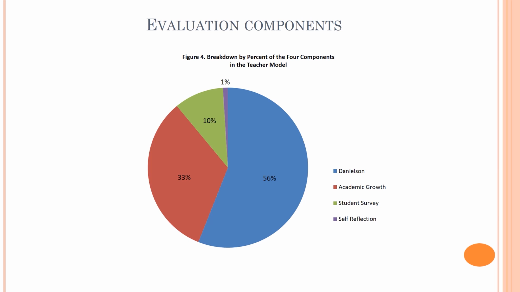A performance classification is determined by factoring in teaching performance as measured by the TUSD Modified 2013 Danielson Framework for Teaching, the blue section of this diagram. Student academic growth data is reflected by the red section, student survey data by the green section, and a teacher self-review by the purple section. The calculations of the 4 components will determine a teacher's final classification.